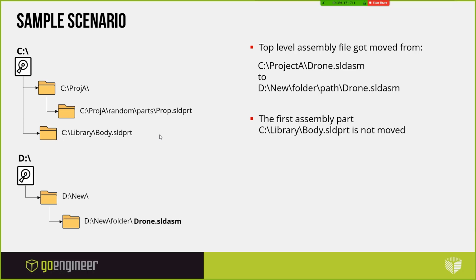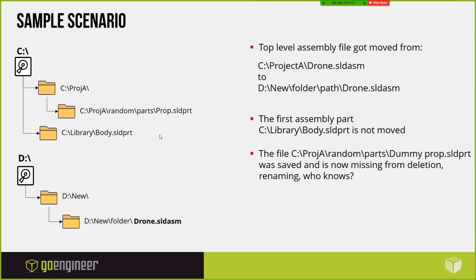And then next, we're going to get rid of this file, prop. It's going to be missing either because of being saved elsewhere, being renamed, or it was deleted, whatever could have happened in your company. So we move the assembly from one folder to another drive and a different folder set, and we erase one file.